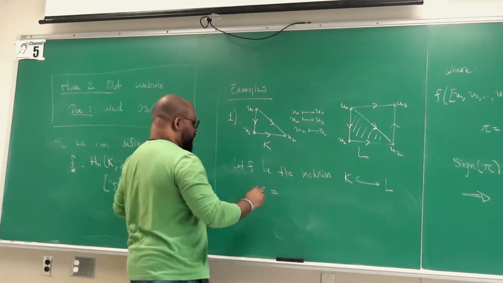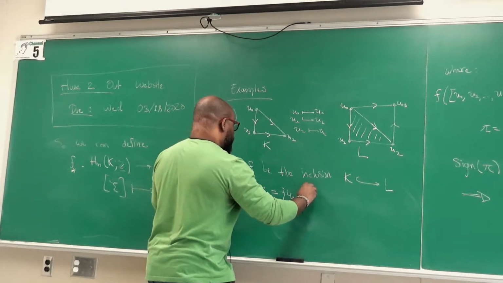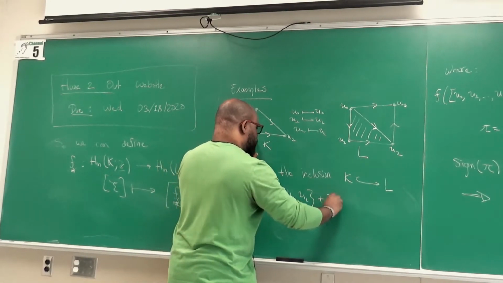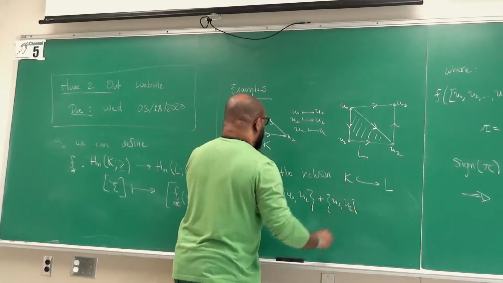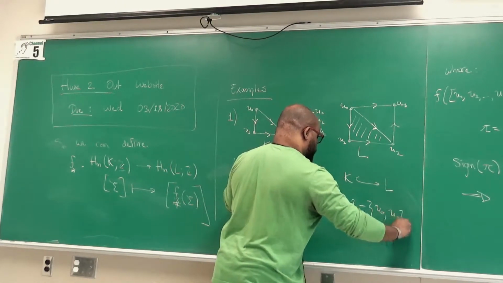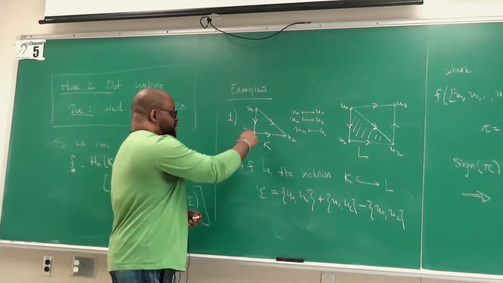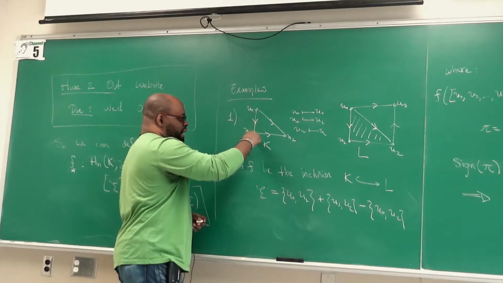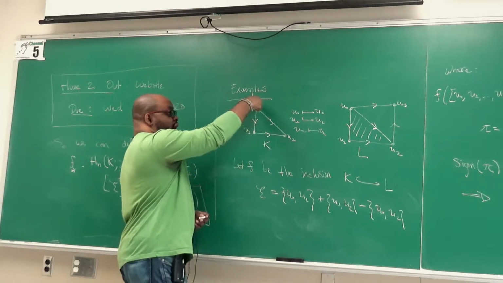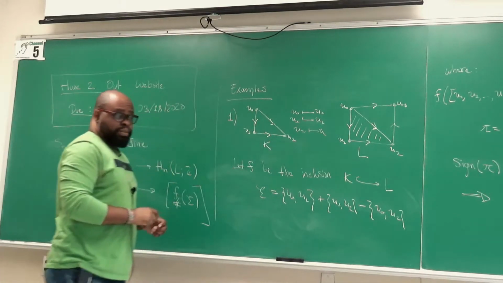I'm going to let it be U0, U1 plus U1, U2, and then minus U0, U2. Okay, so zeta is going down like that, and then going up. So it's this cycle that is sort of characterizing this hole in the space.